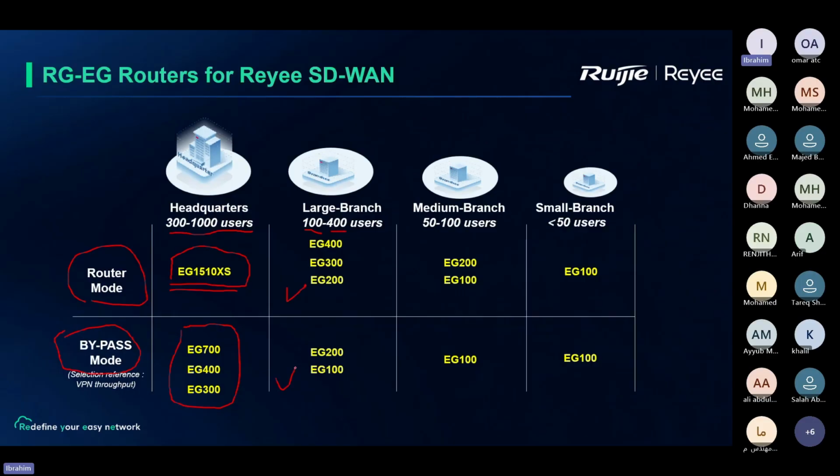For bypass mode, you use this one. The difference between router mode and bypass mode is that router mode has a lot of load because it does routing, but bypass mode just passes the data, so there is no configuration or hard task. That is our recommendation for bypass mode or router mode.